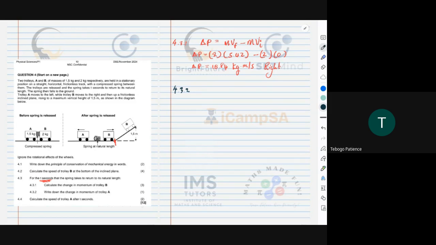Since it's conserved, it's going to be of the same magnitude. But since A is going in the opposite direction, the change in momentum is going to be 10.84 kg meters per second, but in the opposite direction. You can see from the 1 mark that they don't want calculations from me.